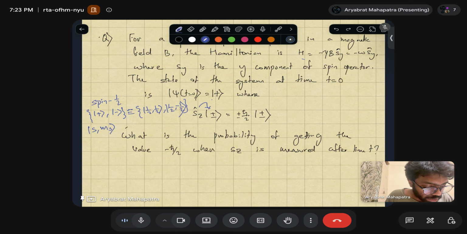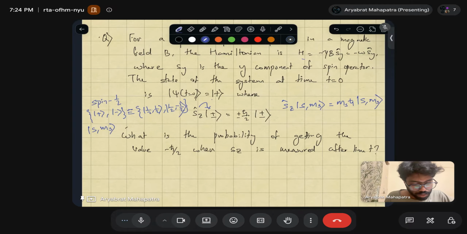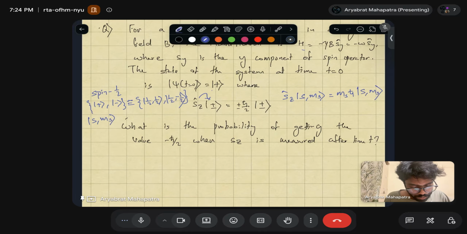Then you have this relation, which is an eigenvalue relation. As I showed you some moments ago, when S_z acts on |s, m_s>, it gives you m_s h bar |s, m_s>. This is the eigenvalue relation you have. Right.